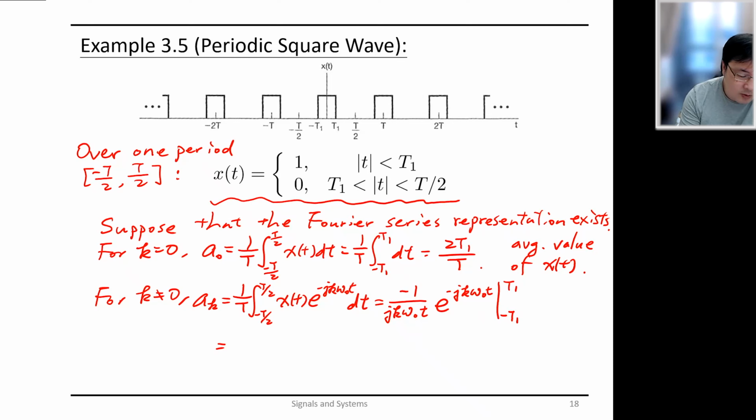So by Euler's formula, this gives you 2j over j k omega naught T1. Oh, I'm sorry, this should be capital T here because of this. So this is 2j over j k omega naught capital T, sine of k omega naught T1.